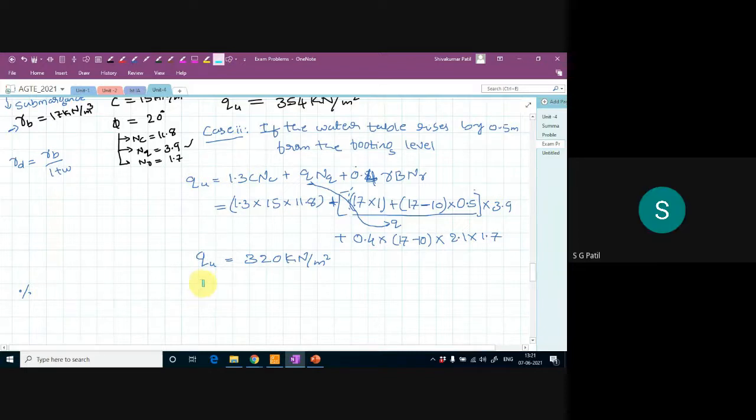What 472 are you telling? QU of case 2, no, it's not 470. It is 320 only. Is anybody getting 320 for case 2?